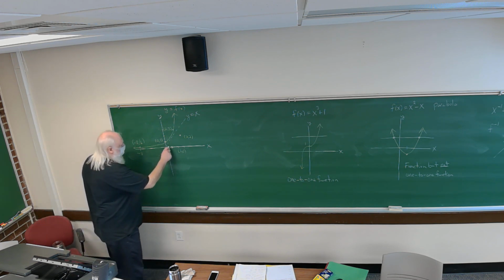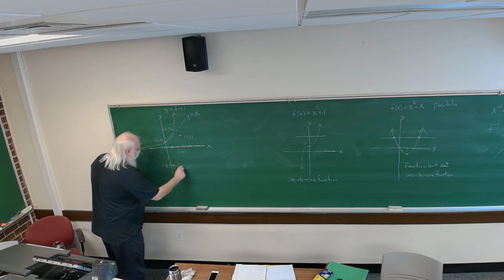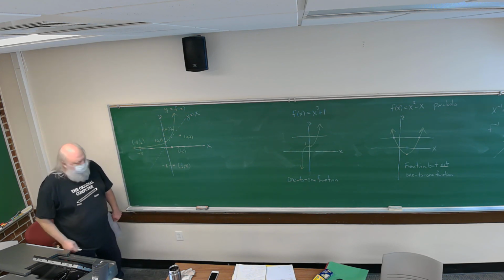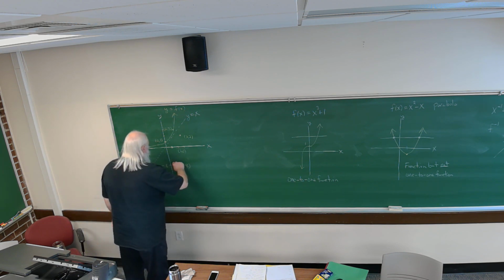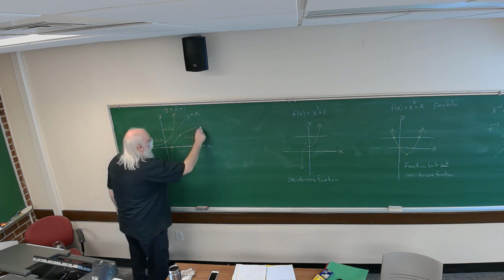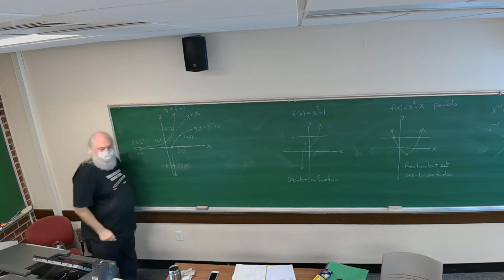So here's x equals 1/2, and here's y roughly down here, -8. Now I just fit a smooth curve through those three points, and this is the graph of y equals f inverse of x.